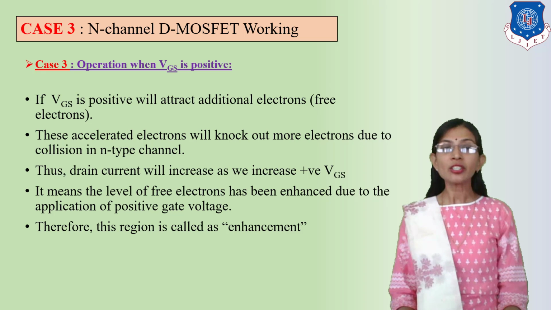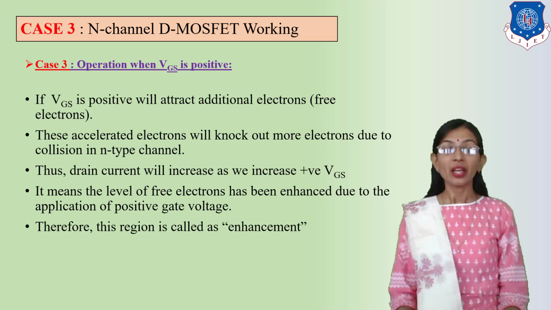Thus, more and more free electrons will be available in the N-type channel, and drain current will increase due to positive VGS. It means the level of free electrons has been enhanced due to the application of positive gate voltage. Therefore, the region is called enhancement.